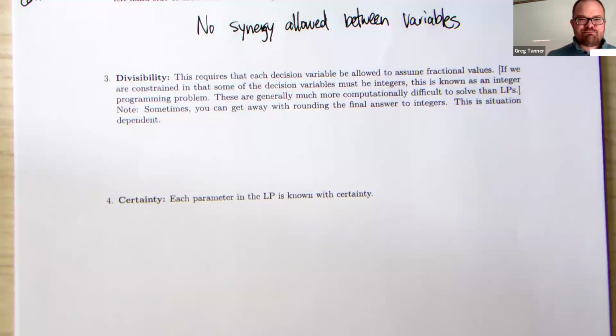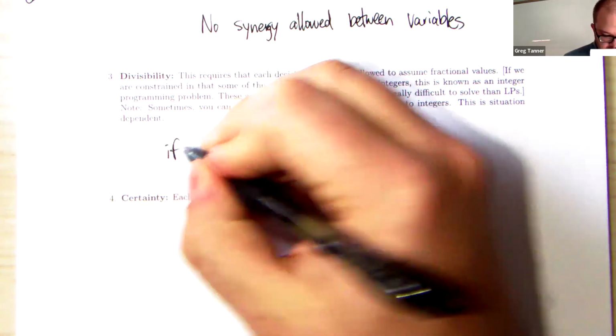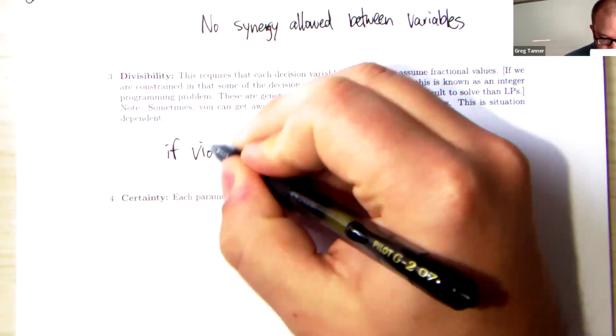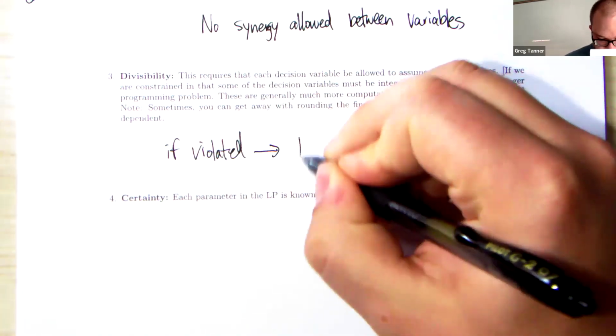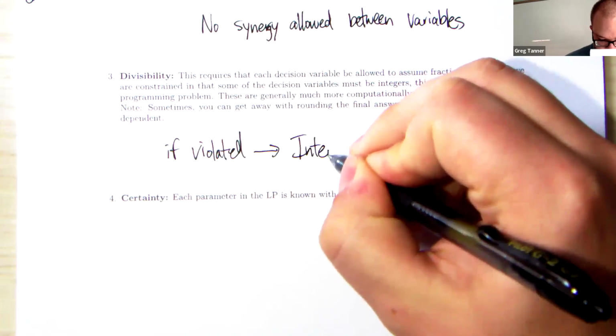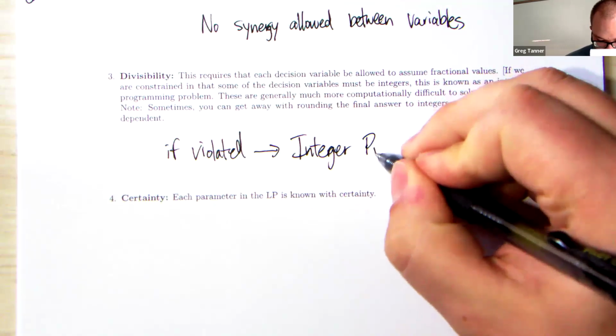And so maybe that makes sense, but there's a lot of scenarios that actually violate this, where we really shouldn't allow fractional values. And so if it is violated, then the solution is to move to what's called integer programming, where we only allow whole numbers.